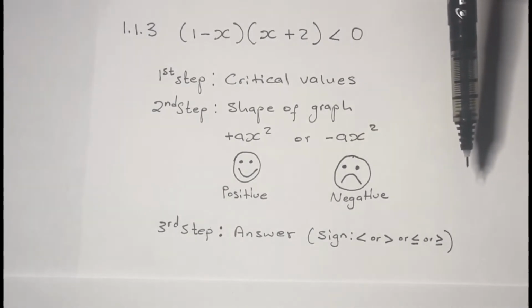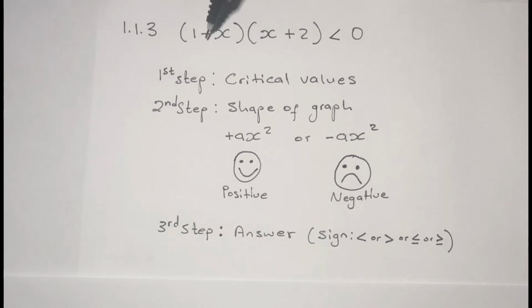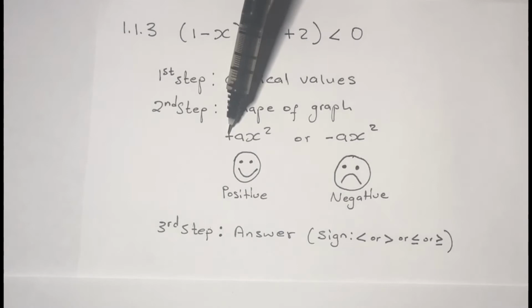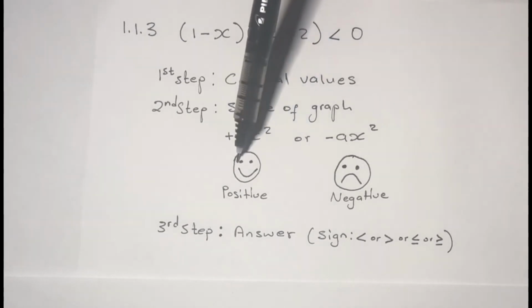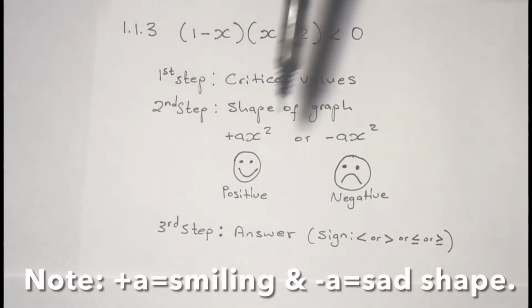And also, if you had a positive a, which could come from, if it was 1 plus x, you'd have x times x, which becomes x squared. So your a being 1, which is positive, you would have a positive shape because your a is positive.